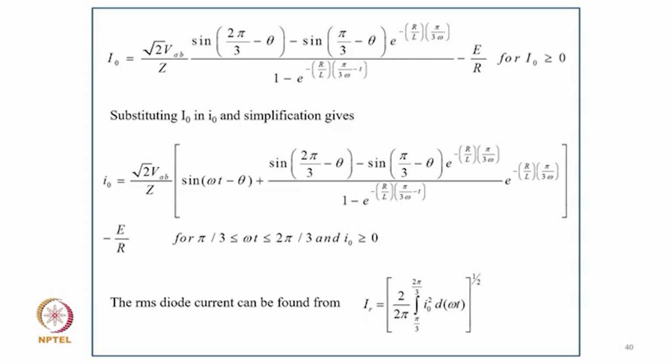Substituting I0 in small i0 to simplify, small i = √2 VAB/Z [sin(ωt − θ) + (sin(2π/3 − θ) − sin(π/3 − θ) e^(−R/L · π/(3ω)))/(1 − e^(−R/L · π/(3ω))) e^(−R/L (ωt − π/3)/ω)] − E/R, for ωt varying from π/3 to 2π/3 and i0 greater than 0.